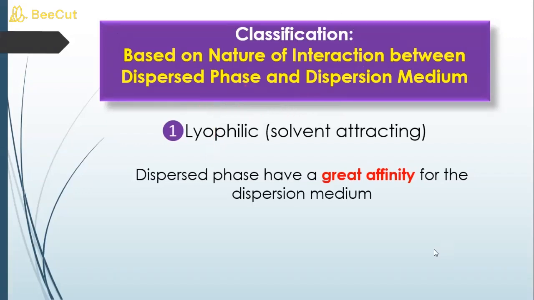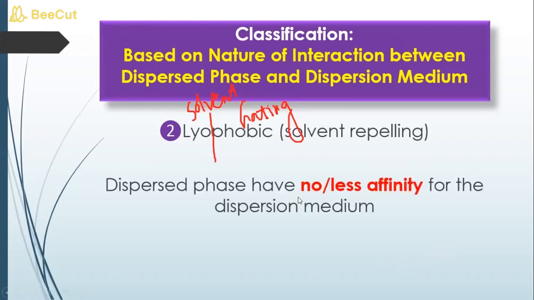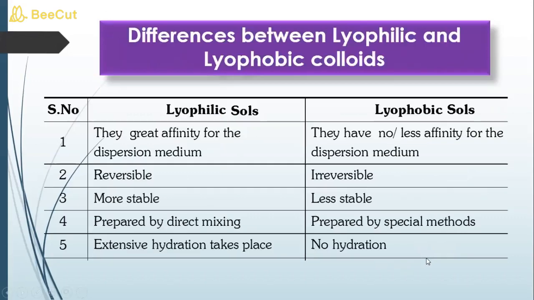Whereas the other one is called lyophobic, a word that indicates solvent hating. From this, it is very clear that there is going to be no attraction between the dispersed phase and the dispersion medium.